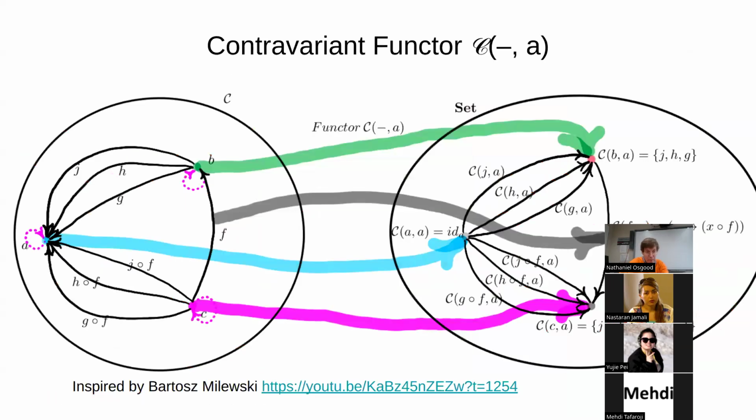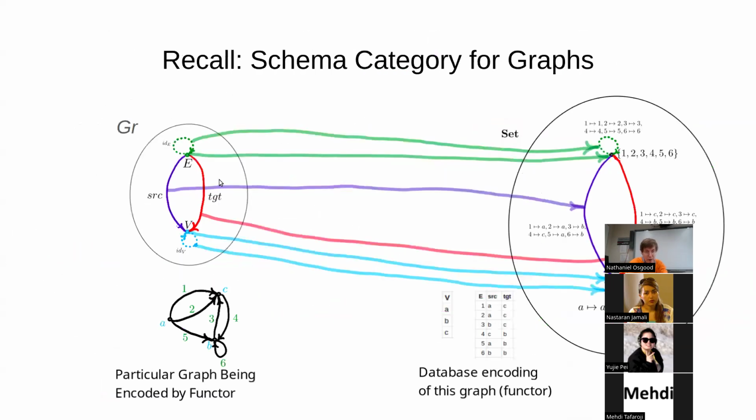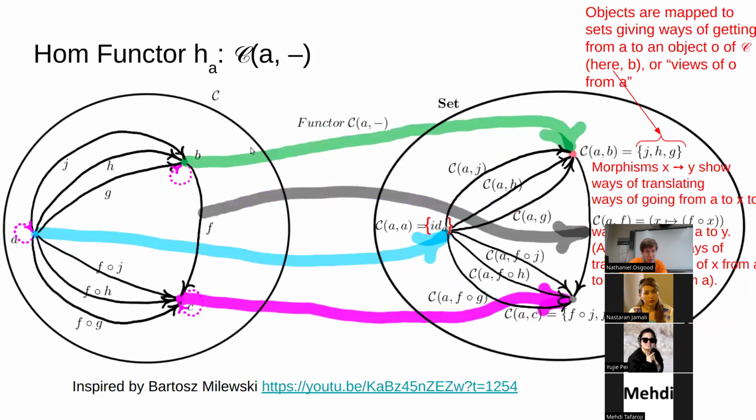So again, here we're reasoning about all the ways we can get from an A to any other one. Each one is going to have the set of ways we can get. If we consider the representable for A, this Hom functor is going to map any object to the set of different ways you can get from A to that.